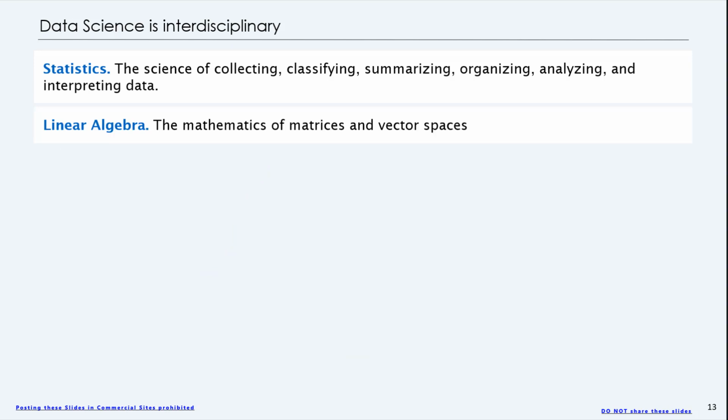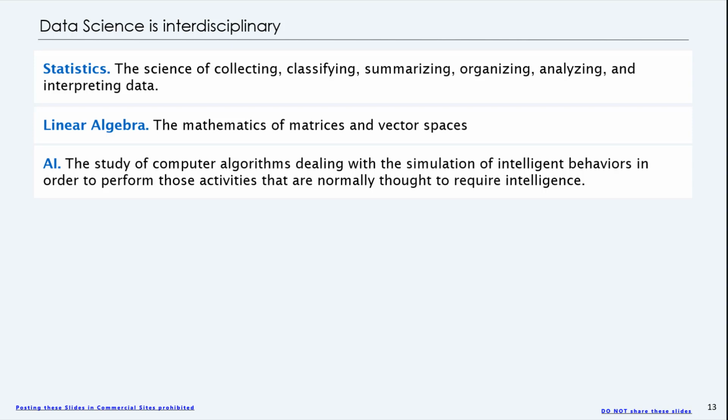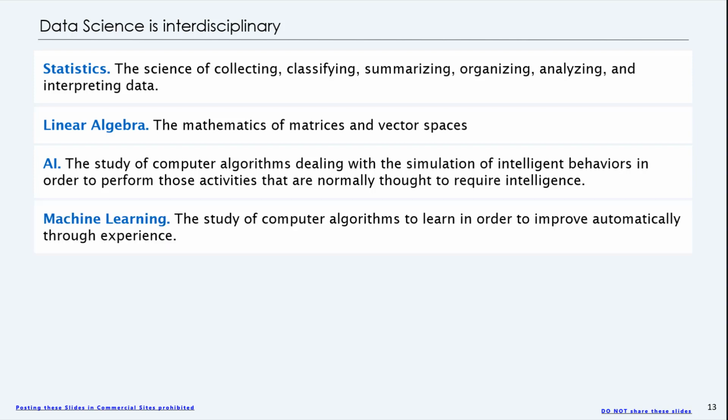So as we all know, statistics is the science of collecting, classifying data. Linear algebra is the mathematics of matrices and vector spaces, because all the data are stored in some form of a structure like a matrix or vector. AI is the study of computer algorithms dealing with simulation of intelligent behaviors and so on.